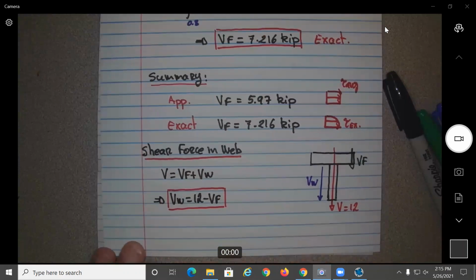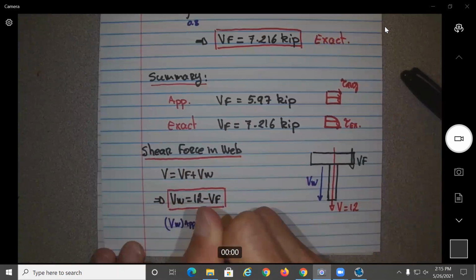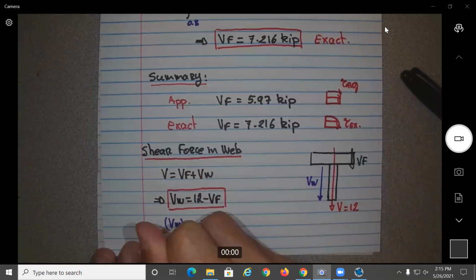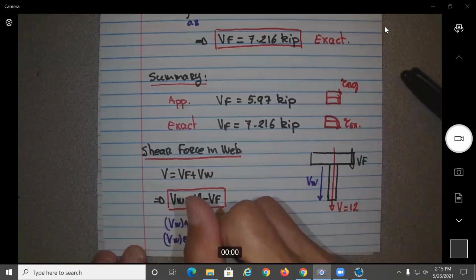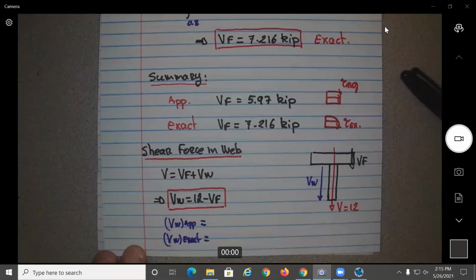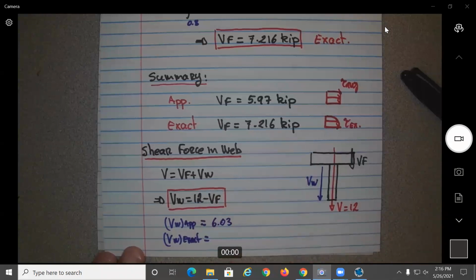So now again, please give me the values because I don't have them. What would be the V web approximate, and what would be the V web exact? So basically one, you need to do 12 minus 5.97, so it will be 6.03. And the other one, 12 minus 7.216, is 4.784.